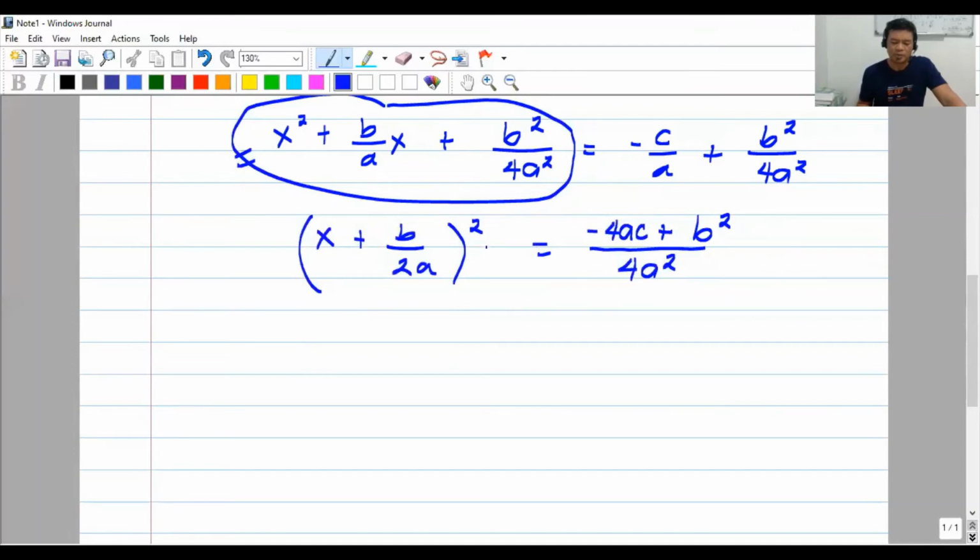So how do we eliminate our exponent here? To eliminate this, we have to raise both sides of the equation by the multiplicative inverse of this exponent, which is 1/2.